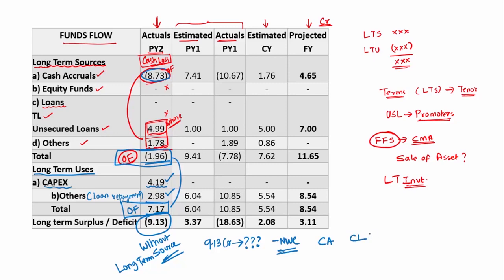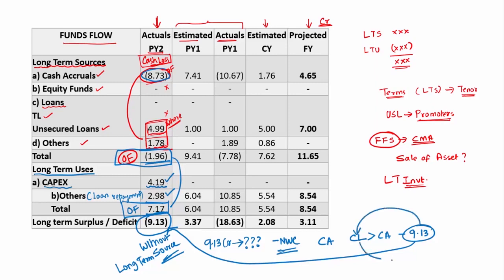Okay, and these current liabilities are greater than current asset by 9.13 crore, and that current liability was used for funding this deficit. So what's the big deal here? The big issue is this 9.13 crore had come from current liability. Current liabilities are repayable within a period of 1 year. Okay, whereas this 9.13 crore got invested under long-term uses.